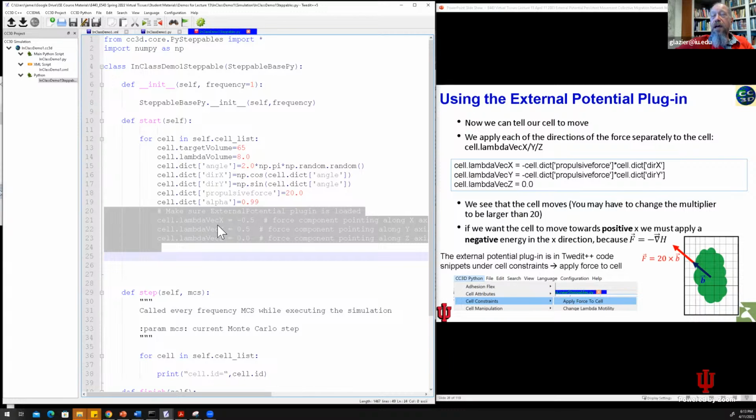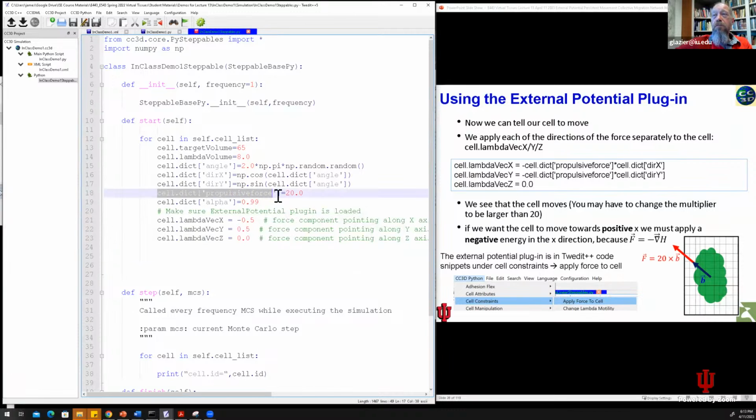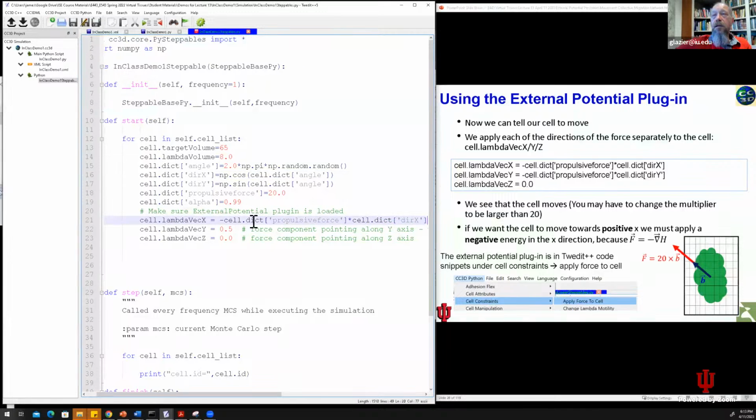And now the force on lambda vec x will be minus repulsive force times the direction x. And for y, I want the same thing, except I want the y direction. Okay.